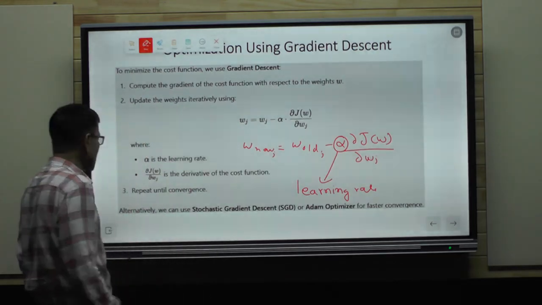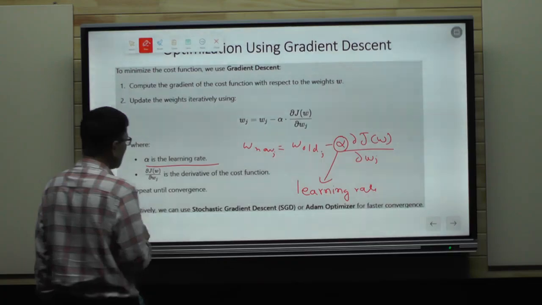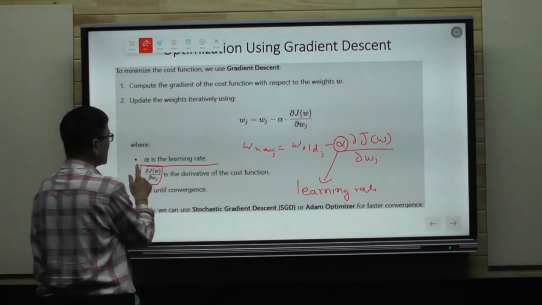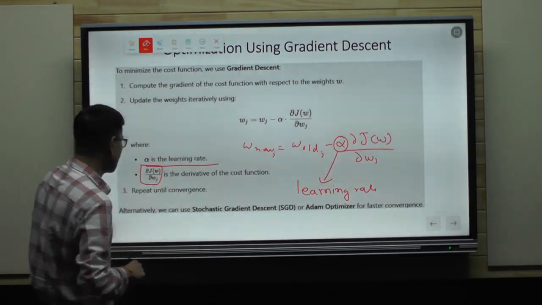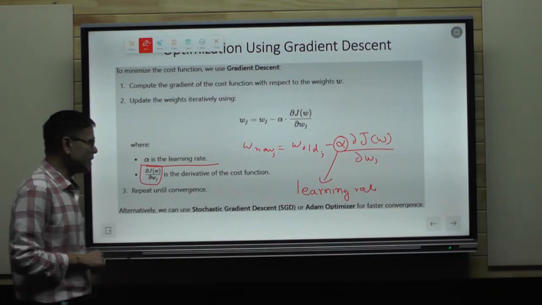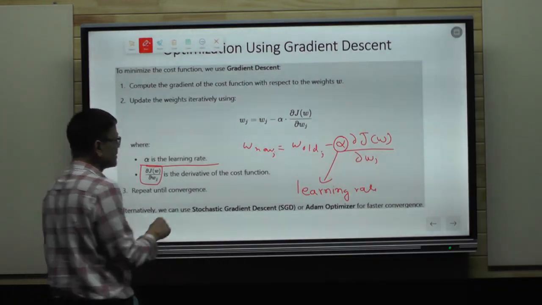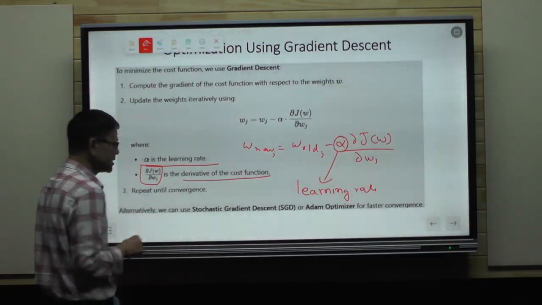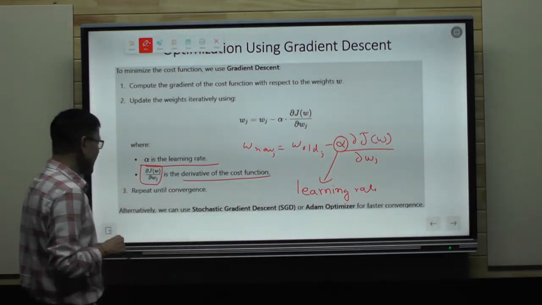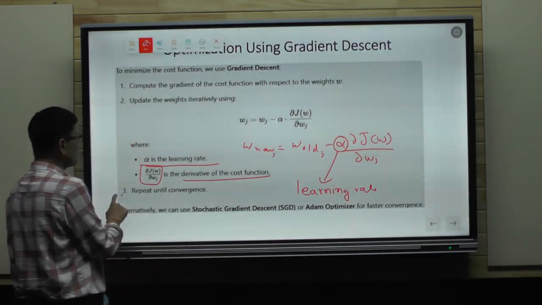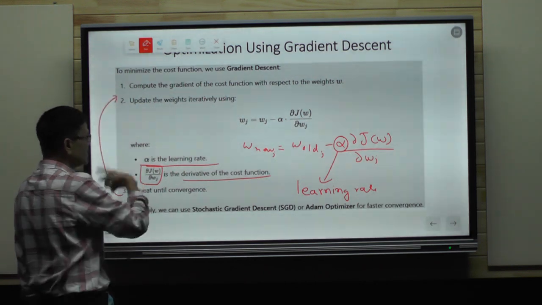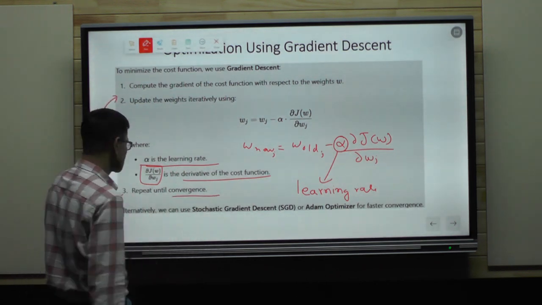So alpha is the learning rate, and del J(w) divided by del Wj is the partial derivative of the cost function, the log loss. And the algorithm says, keep on repeating until they converge.